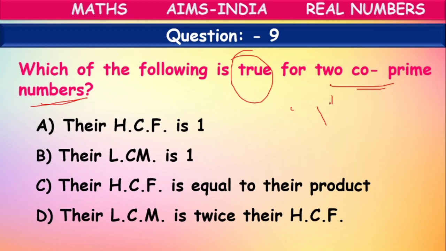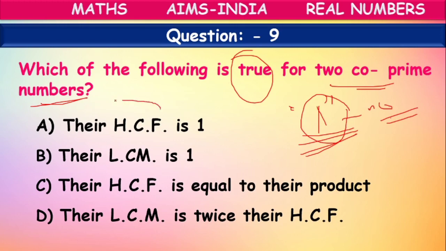There should be no other common factor other than 1. So that will be the highest. Why is it the highest? Because there is no other factor other than 1. So which one is true? Their HCF is 1. Their highest common factor is 1. So that is the correct answer, children.